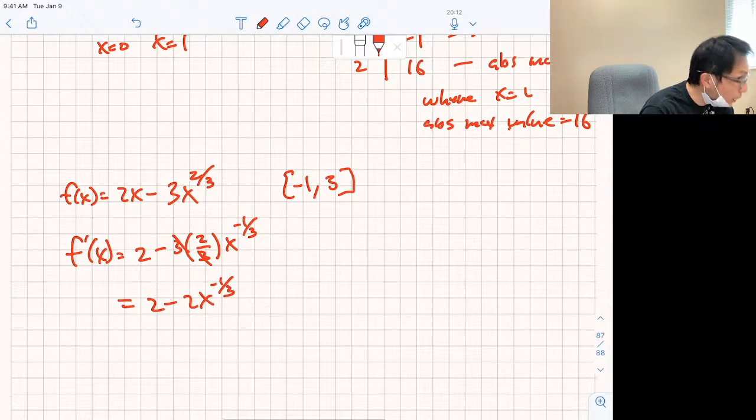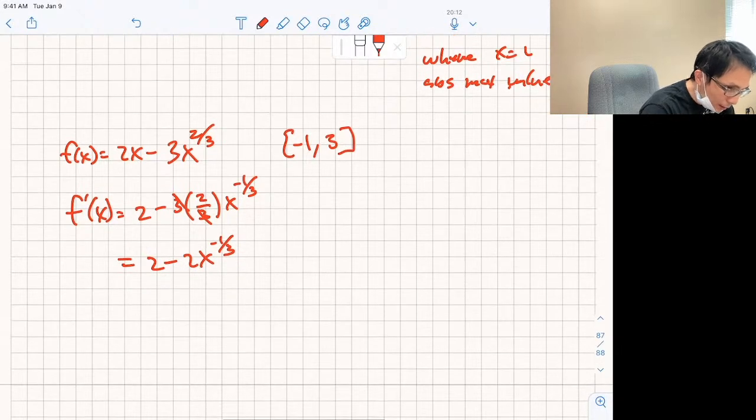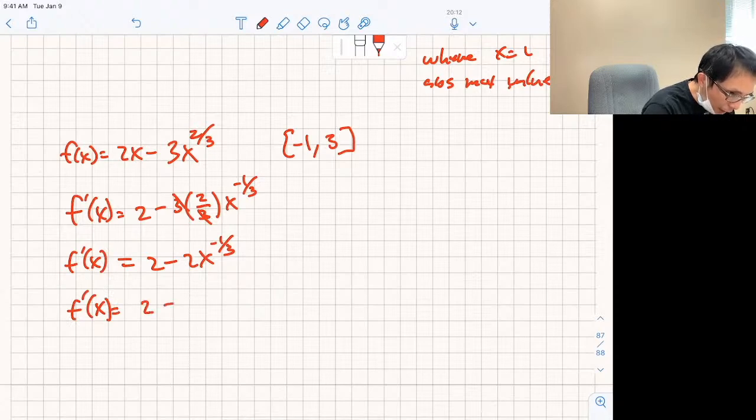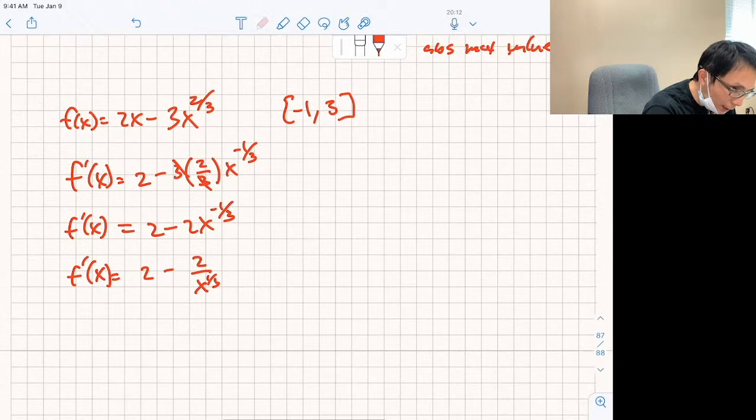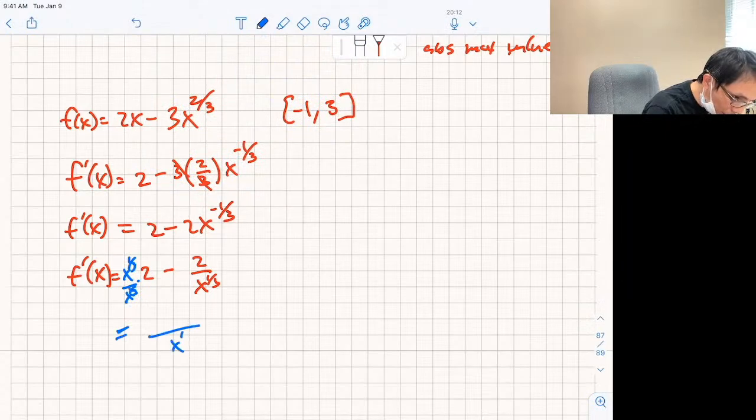Now be careful with this, because f prime of x is equal to 2 minus 2 over x to the 1/3. Now you need to combine fractions. So you multiply by x to the 1/3 over x to the 1/3, so it equals (2x to the 1/3 minus 2) over x to the 1/3.